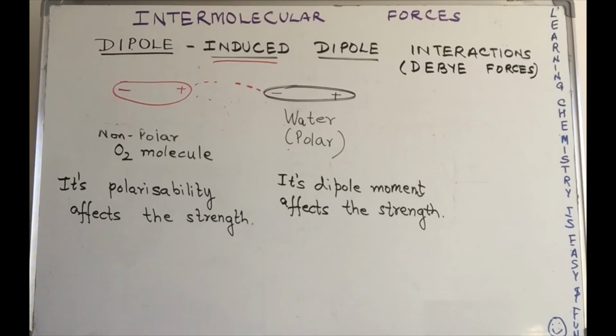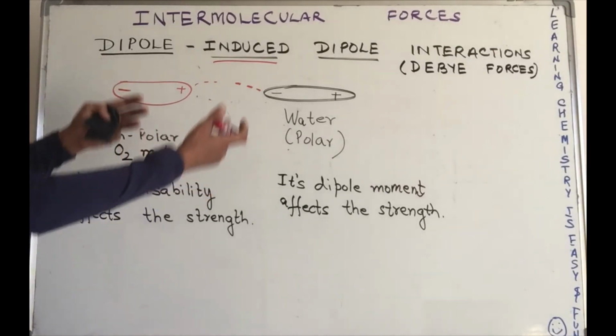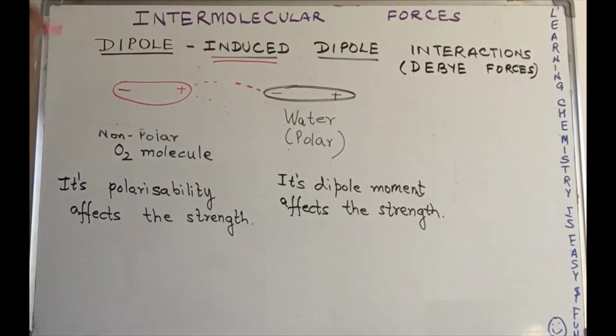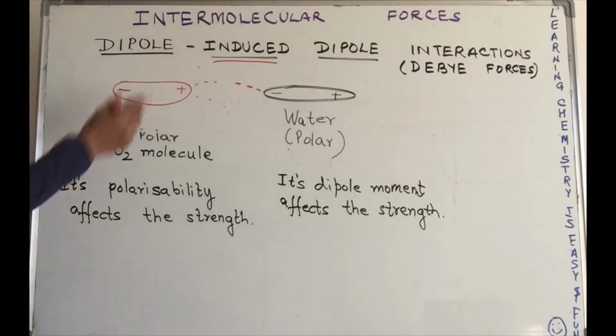Now please remember, these are just forces. These are not overlaps. These are not transfer. This is not sharing. This is temporary closeness of the two molecules. A temporary friendship of the two molecules. What does this friendship depend on?